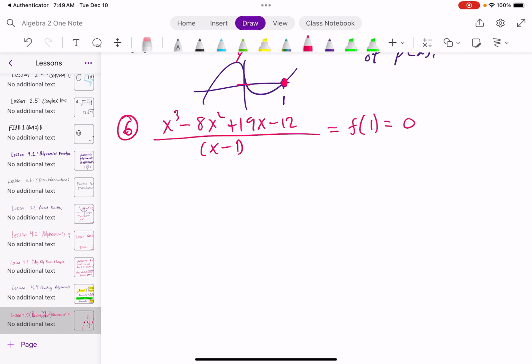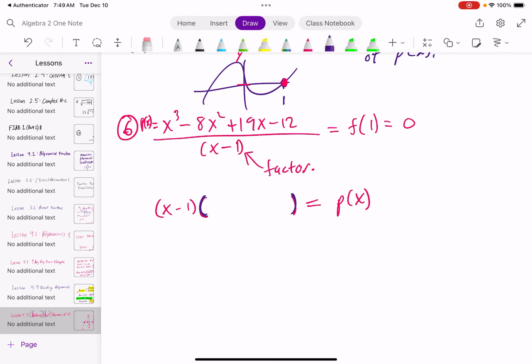Now, we also know that this is a factor. So therefore, x minus 1 times something else is equal to this polynomial. So it's asking what's the remaining part here?